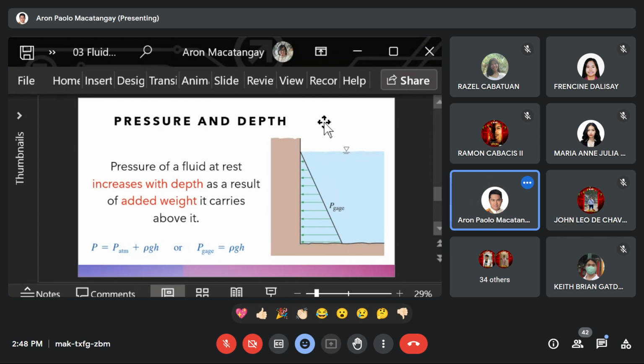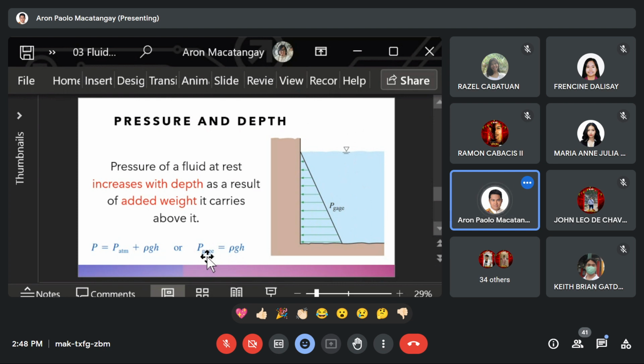Kasi, remember, yung point mo naman dito sa taas, may pressure pa rin siya na-experience by the P atmospheric. No? So, which means yung rho gh mo na value is gauge pressure pa lang siya, because it is measured with reference to the free surface dito sa ibabaw. So, gauge siya.